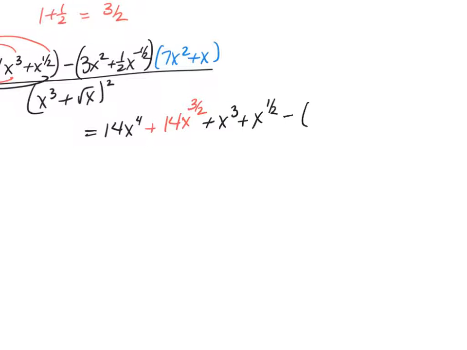I'm going to do a minus, I'm going to do a parenthesis there. Now when I do this multiplication, I'm going to do these two first, and so I have 3 times 7, which is 21. So 21, adding my exponents to the 4th power. How was that? Doing the next grouping, here I'm going to do 3x squared times x. So it gives me 3x to the 3rd. Then I'm going to multiply these two.